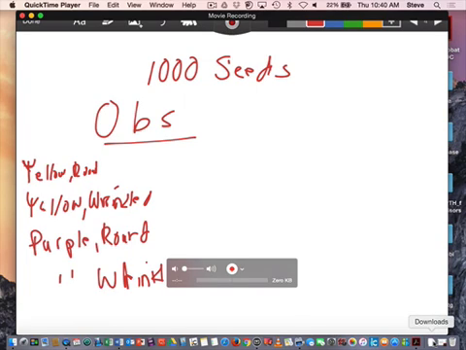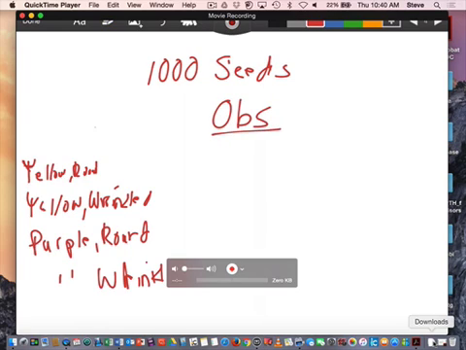And when Mendel did this experiment, here's what he got. He got 499 of those.